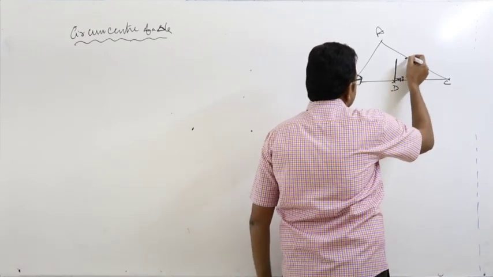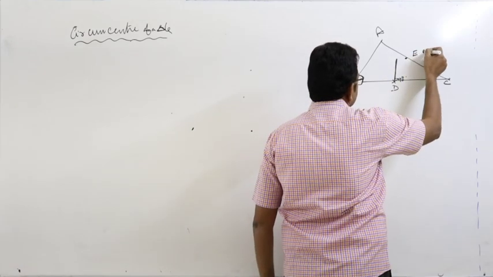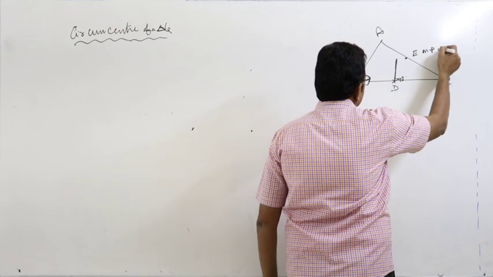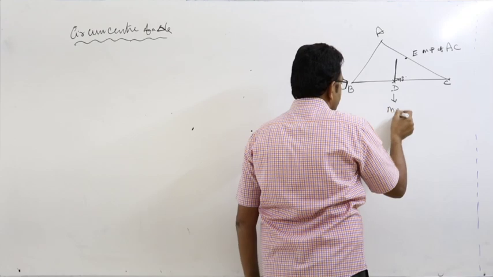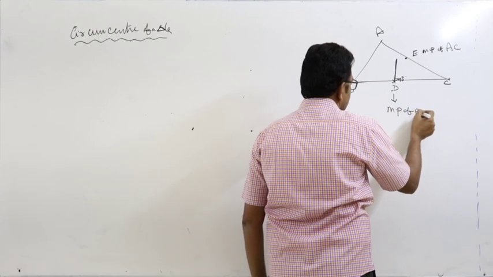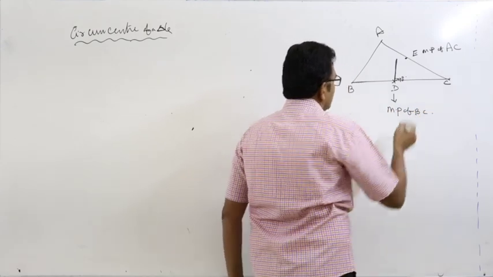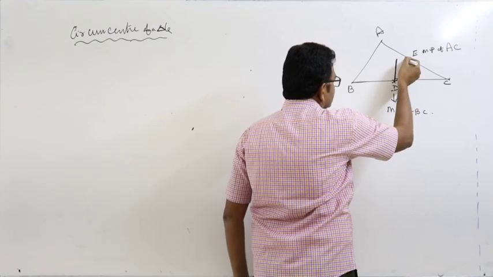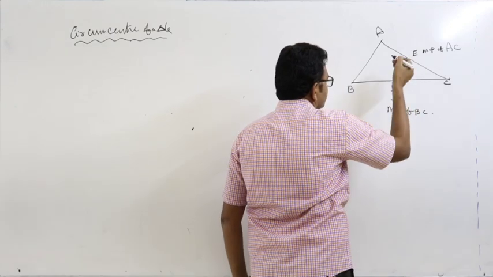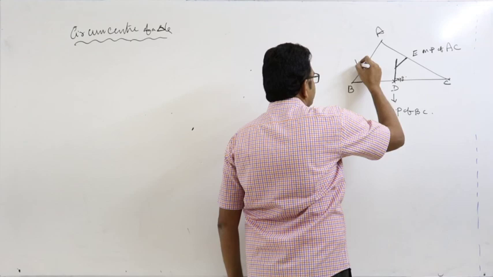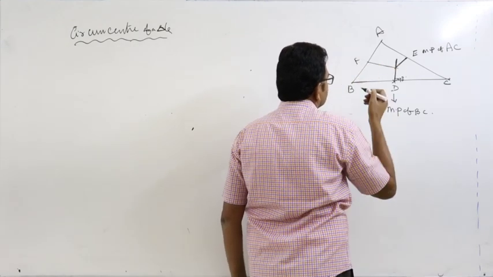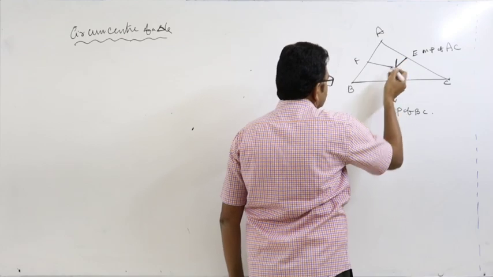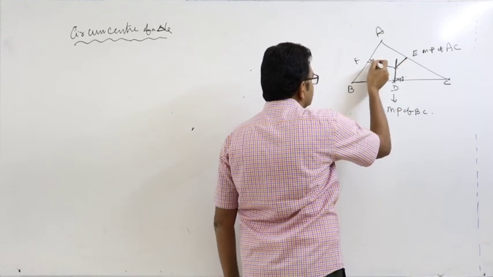And this E is the midpoint of AC, and F is the midpoint of AB. Draw a perpendicular bisector at each, with angle 90 degrees.